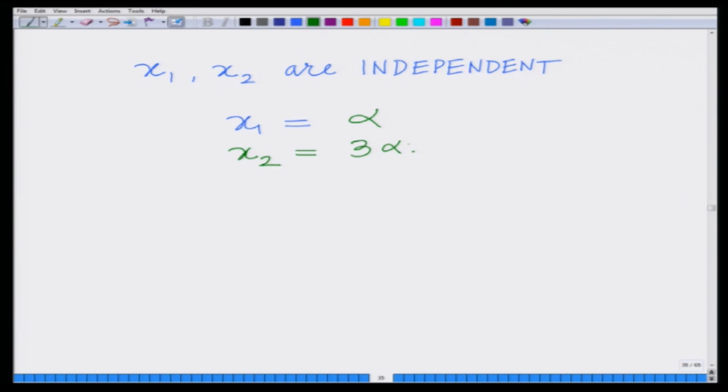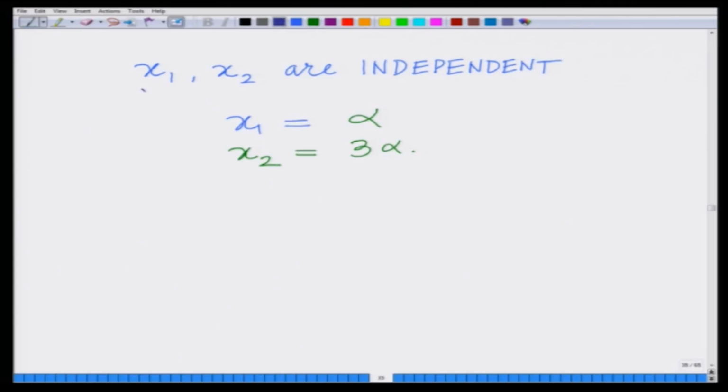We are looking at a simple example: x1 and x2 are two symbols that are generated by this 4 PAM source, generated independently, and we are asking what is the probability that x1 is equal to alpha and x2 is equal to 3 alpha, right.